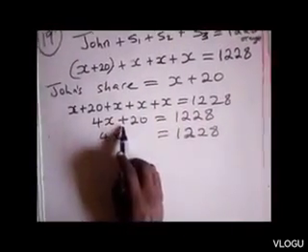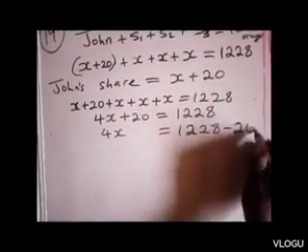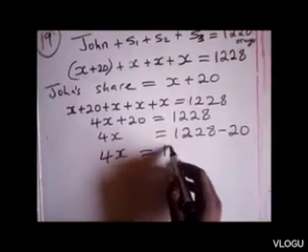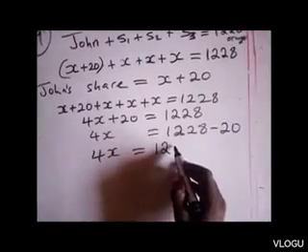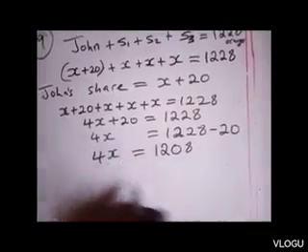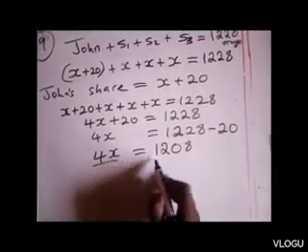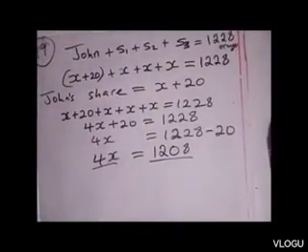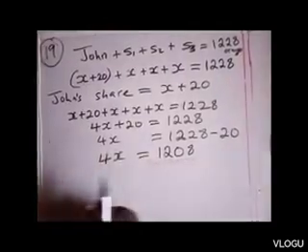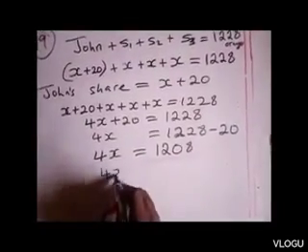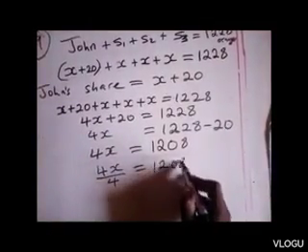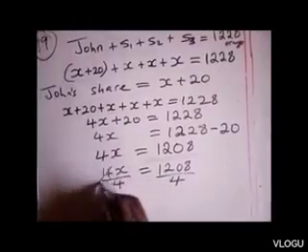The sign here is plus, it will change to minus. So that's 4x equals 1208. If I minus 20 from this, I'm going to have this. And the next thing to do is to divide both sides by 4. But let me just show it as the next step, so I won't jump any step. 4x divided by 4 equals 1208 divided by 4.